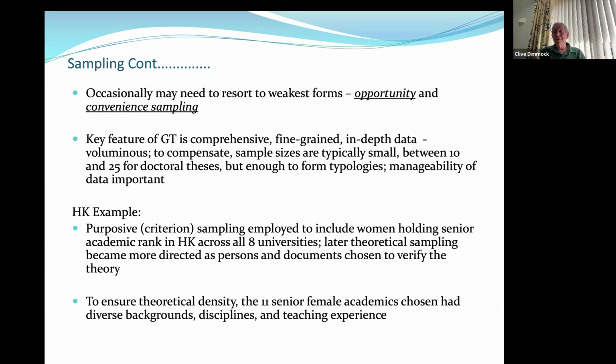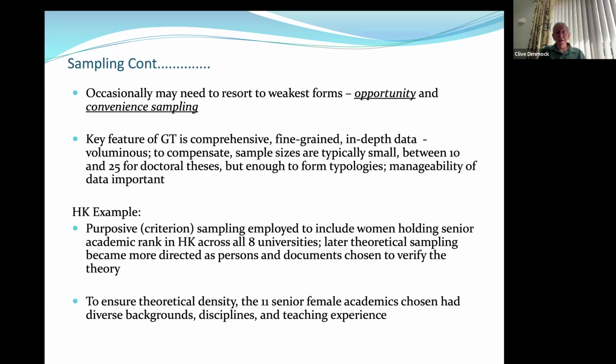Well, that's opportunity and it's convenient, but it's not necessarily a rigorous form of sampling. So I call these the weak forms of purposive sampling. Don't forget, there's 15 types. Don't just say I adopted purposive sampling because there's 15 types.